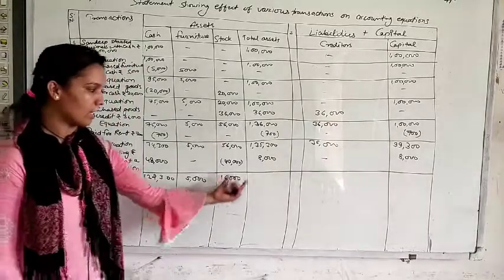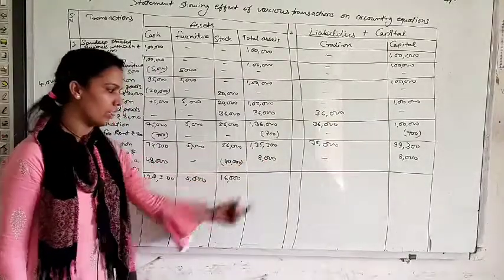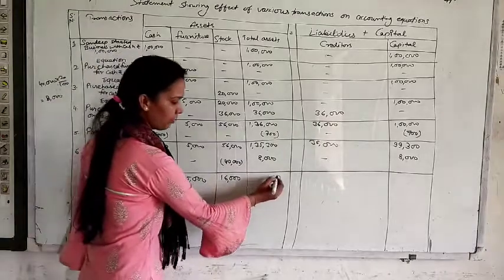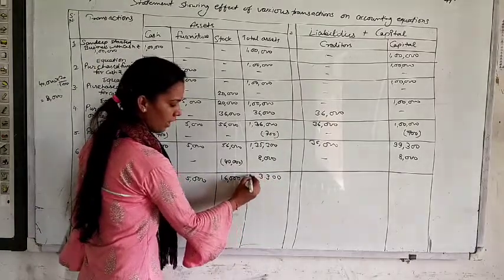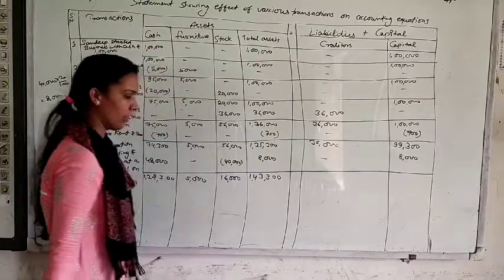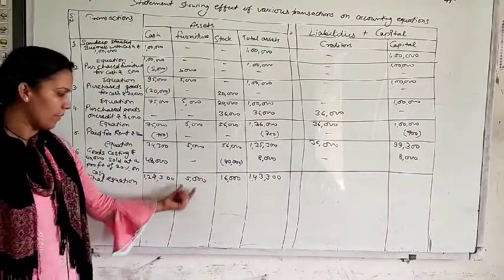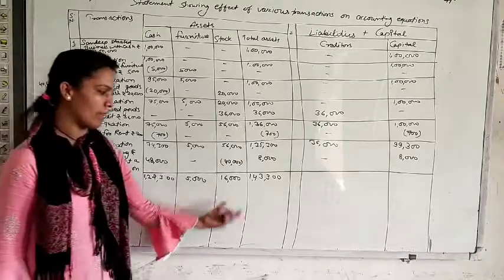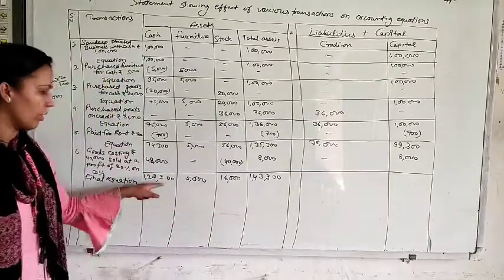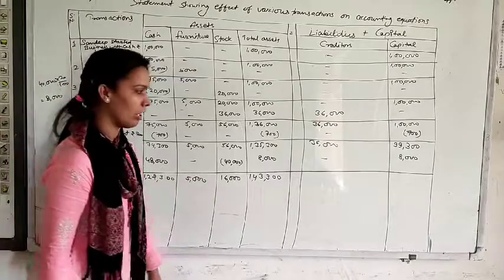Again horizontally and vertically. 1,35,300 plus 8,000, it is 1,43,300. Again check horizontally also. 122 plus 5,000, 127, 127 plus 16, 143 and 300, that is 1,43,300.